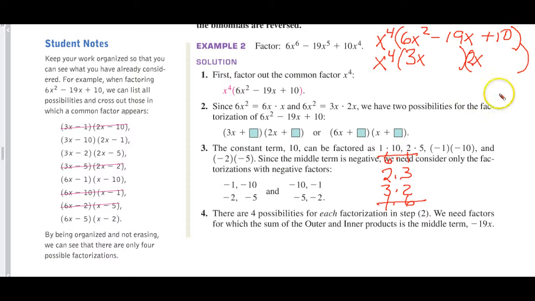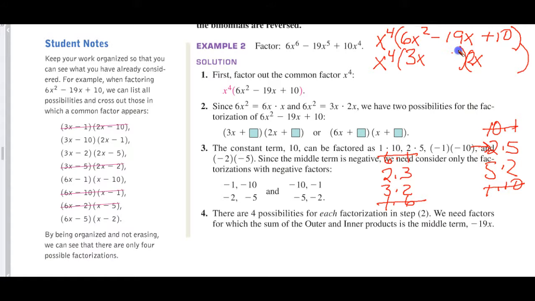Now I have a 10, and factors of that are 10 times 1, 2 times 5, 5 times 2, and 1 times 10. Now I don't know which one's going to work, but again, I'm going to knock off these and then look at it.